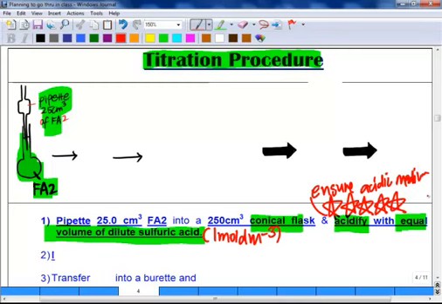Because this part is just a volume for me to ensure that it's in excess. If I want to use 50 cm cube, can, but I know that 1 mole per dm cube is quite concentrated. I add the same volume, which means 25 is already in excess, so it's okay.